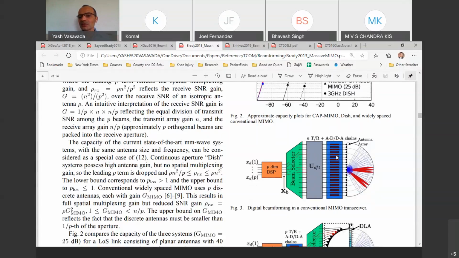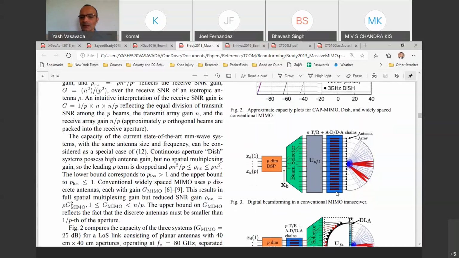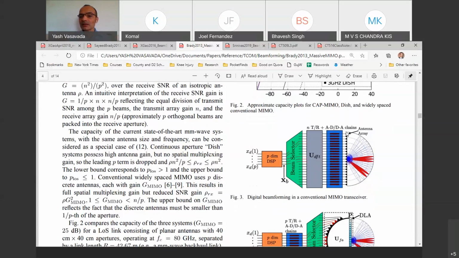So they're saying this is one particular architecture. But this architecture will require so many different RF chains. Plus, it will require this entire uniform linear array.